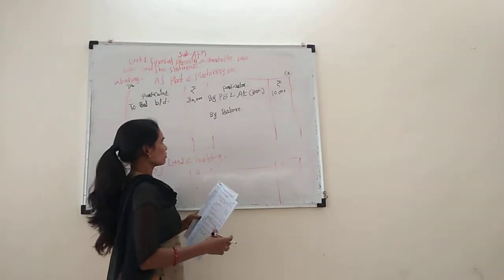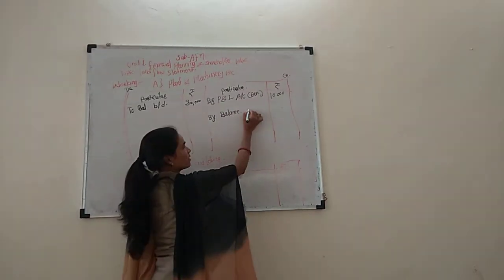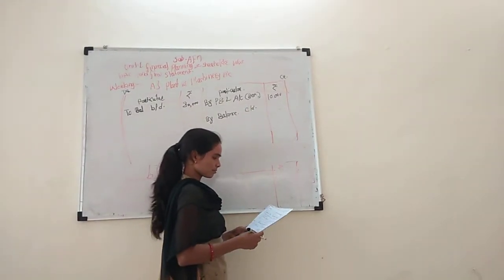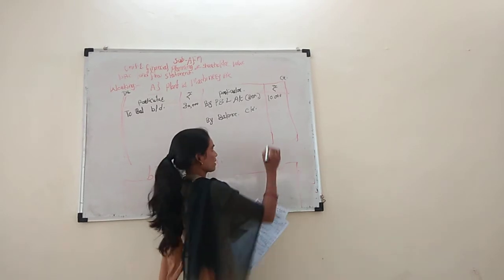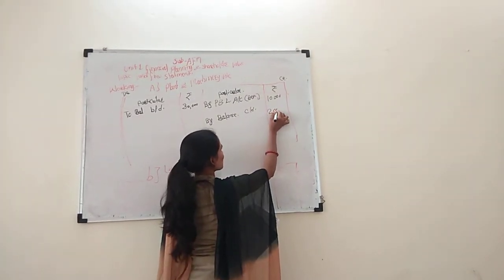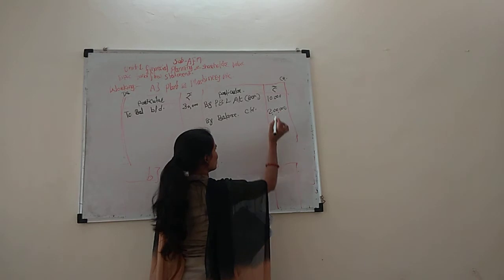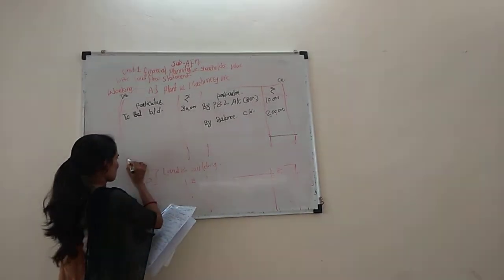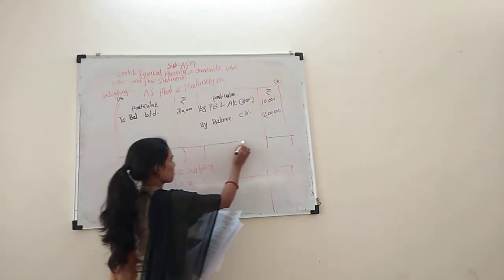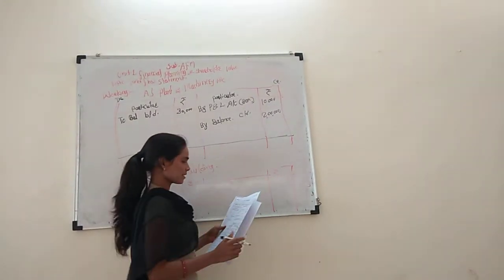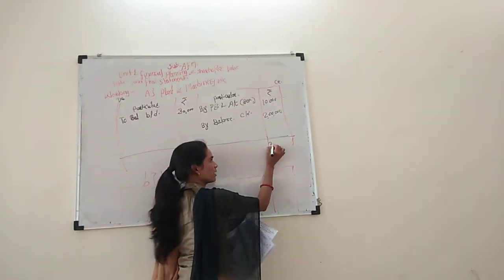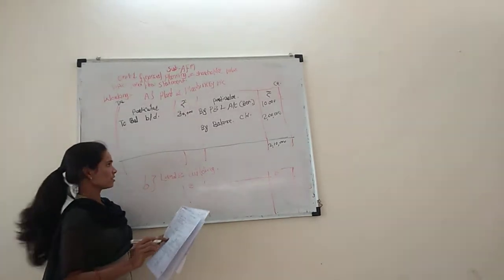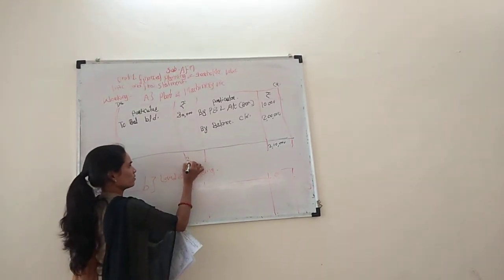Show the balance sheet 2019, by balance carried down 2 lakh. And total is 2 lakh plus 10,000 is equal to 2 lakh 10,000. This is the plant and machinery total.